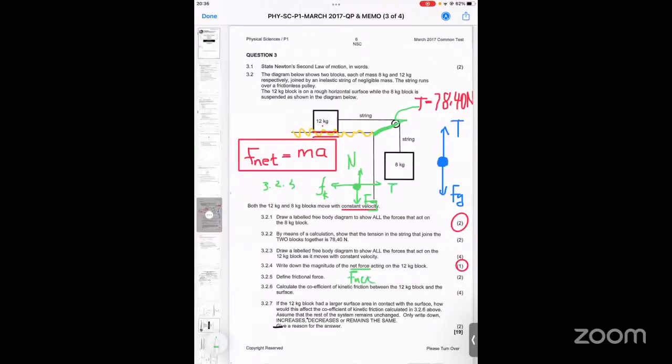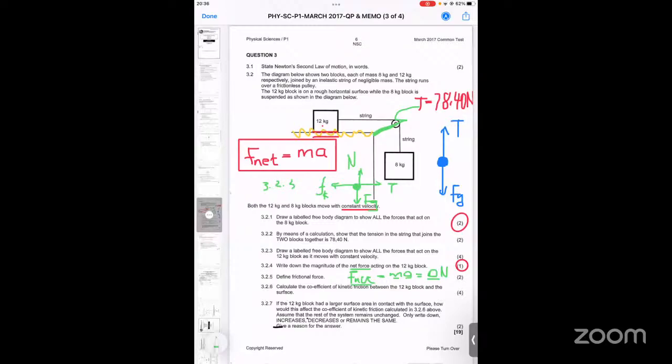This is how the formula looks like. It says F net equals MA. So already we know that acceleration is 0, then you multiply by that, it ends up being 0. So that means F net is equal to 0 Newton.